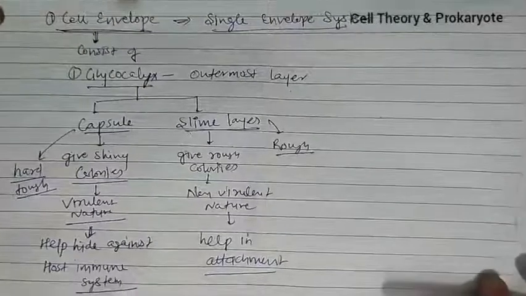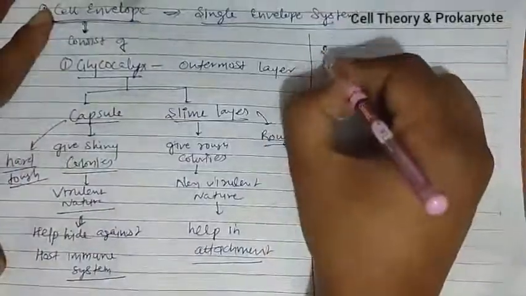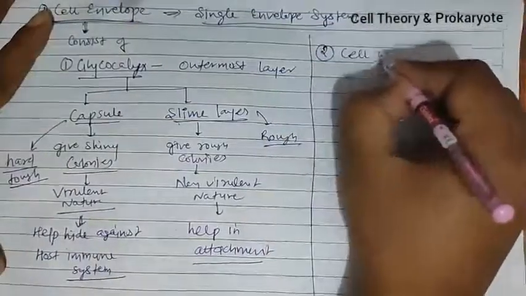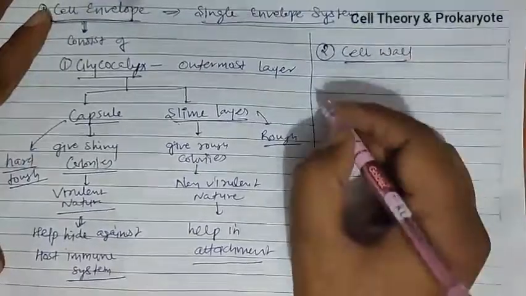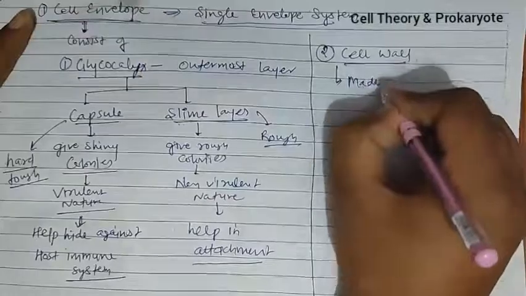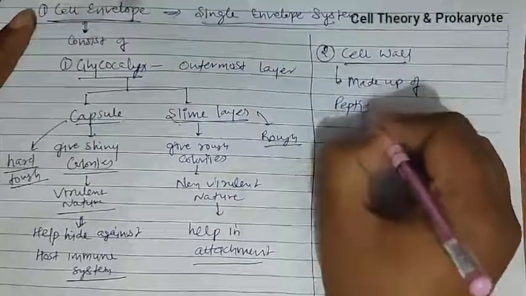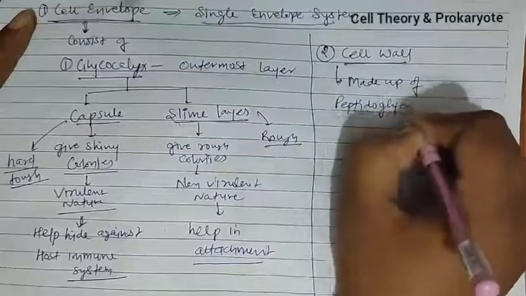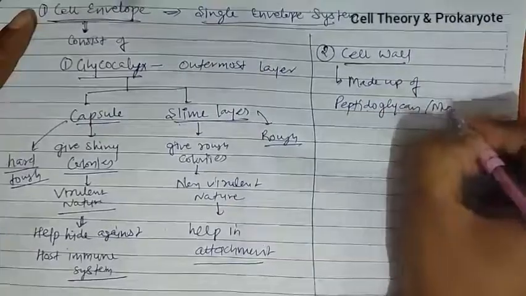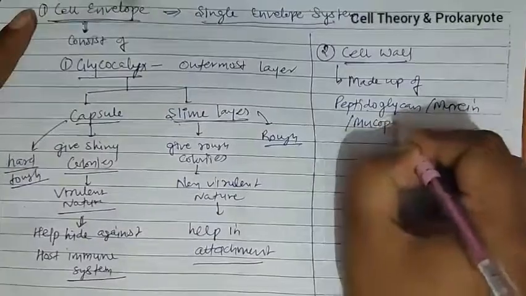Next, inner to that, we talk about second part, that is cell wall, and cell wall is the middle layer. Now cell wall in prokaryote is made up of peptidoglycan or murein or mucopeptide.